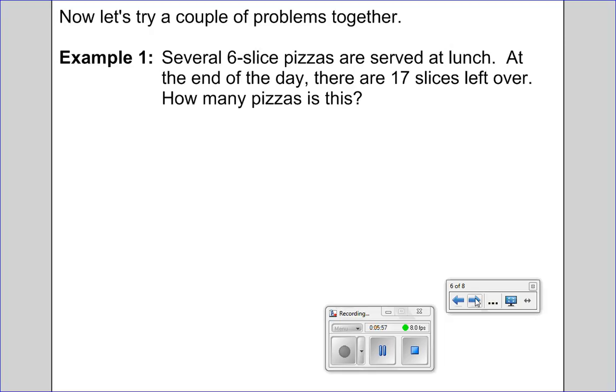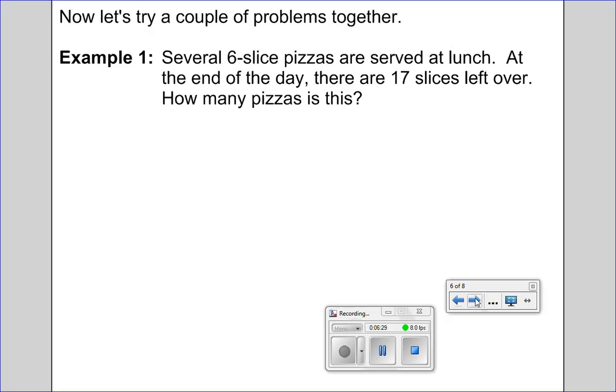Before you pause, there are 2 key pieces of information which you should highlight or jot down on a piece of paper, since you're watching this on your computer and I don't want you drawing lines on your screen. Make sure that you look for 2 key pieces of information that will help you solve this word problem. We will take it up tomorrow, but right now, put the video on pause.